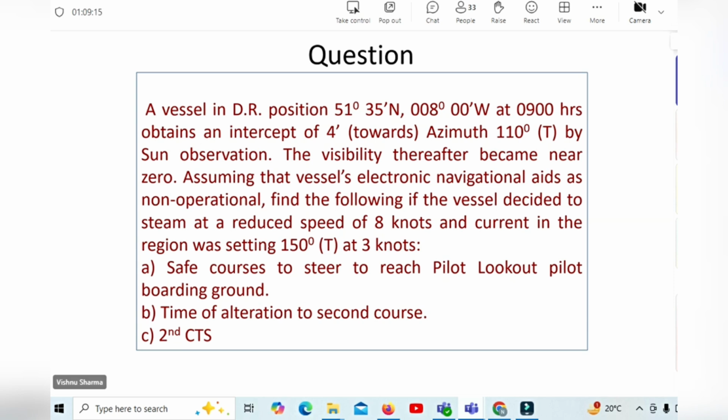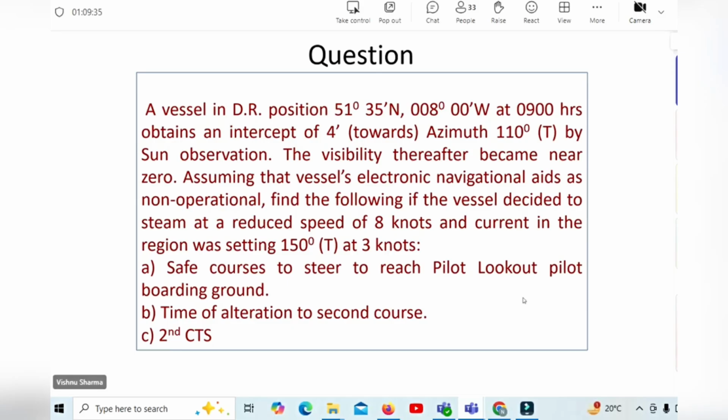The visibility thereafter becomes near zero. Assuming that the vessel's electronic navigational aids are non-operational, find the following if the vessel decides to steam at 8 knots. Current in the region was 150 degrees at 3 knots. There is no wind mentioned.